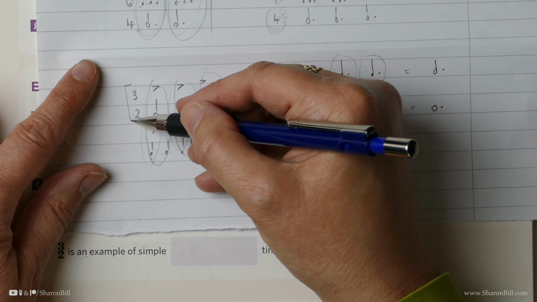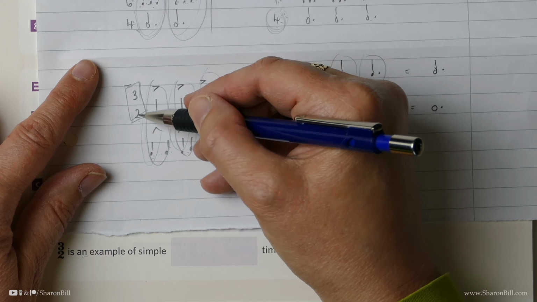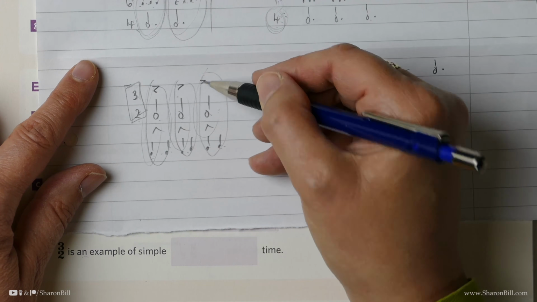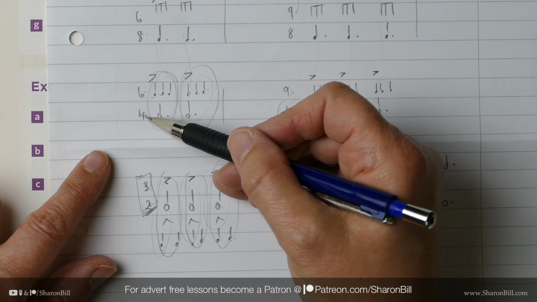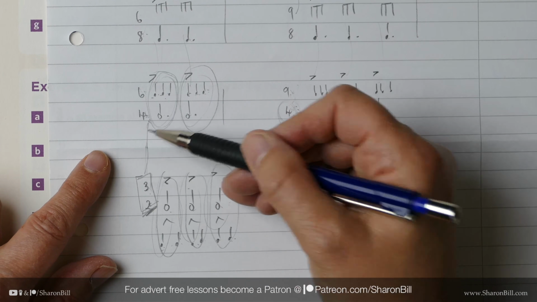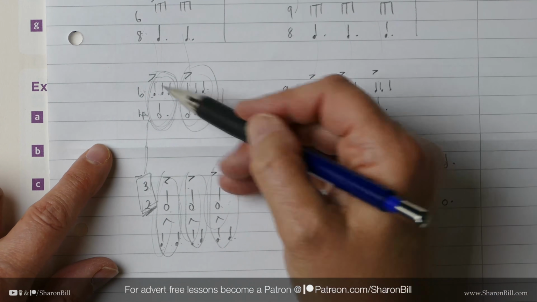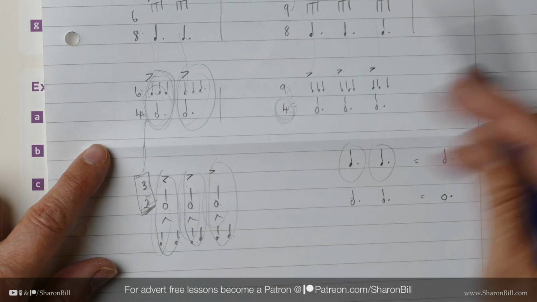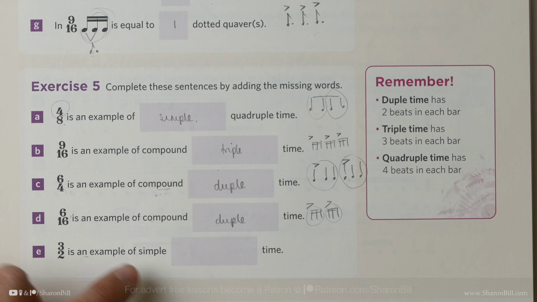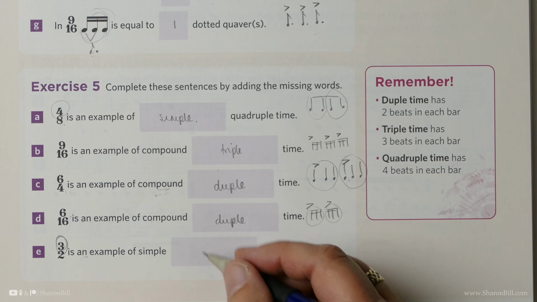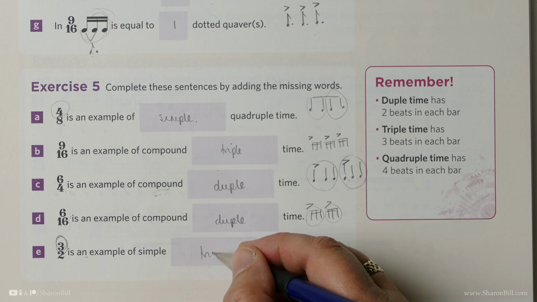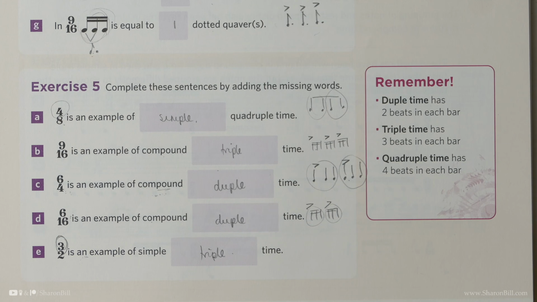It's as simple as that, really. We've just got to remember that 6/4 is counted differently because it's compound, but the time signature does that thinking for you in many respects. 3/2 is simple time, and we know that there are 3 beats per bar, and so it's simple triple time.